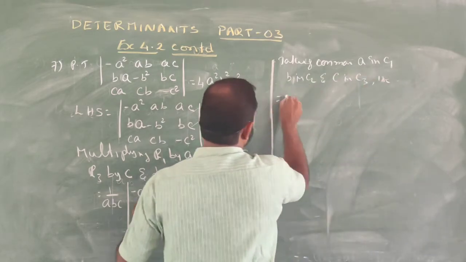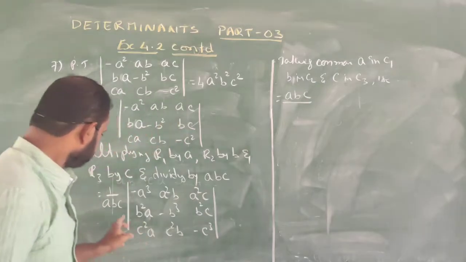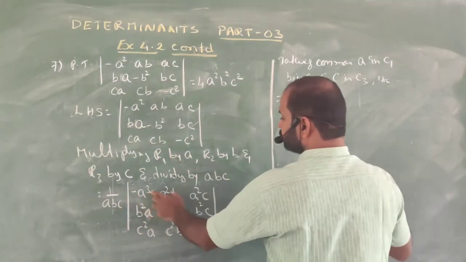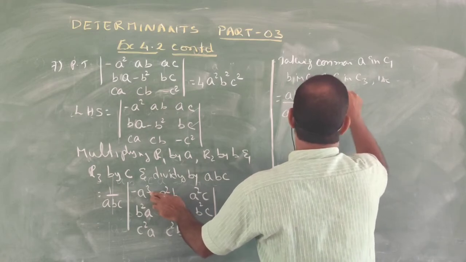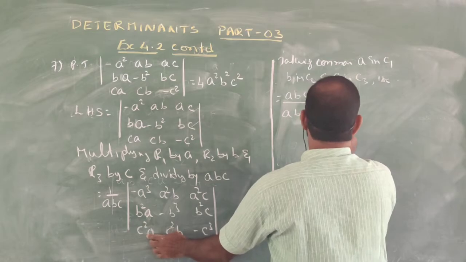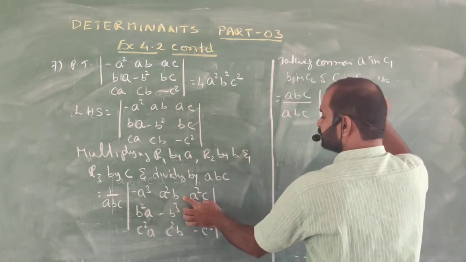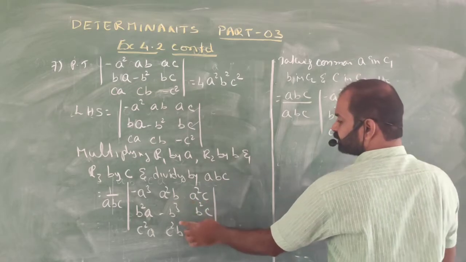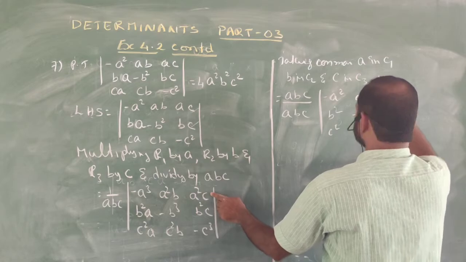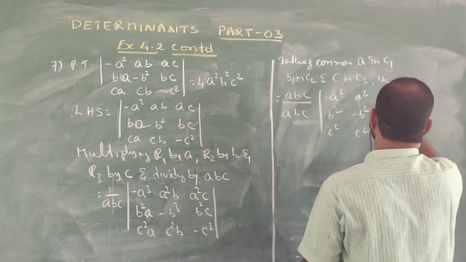Then we will get abc, and already we have 1 by abc. Now here, when you are taking a as common, minus a squared, b squared, c squared, and here b as common, that is a squared, minus b squared, c squared. c as common, a squared, b squared, minus c squared.